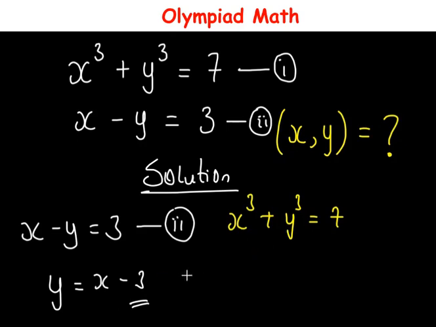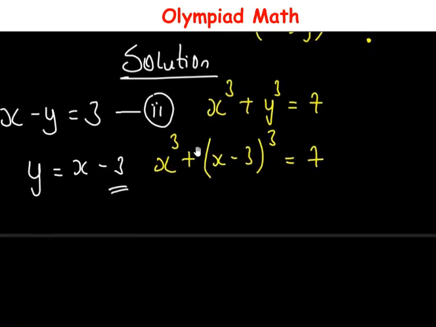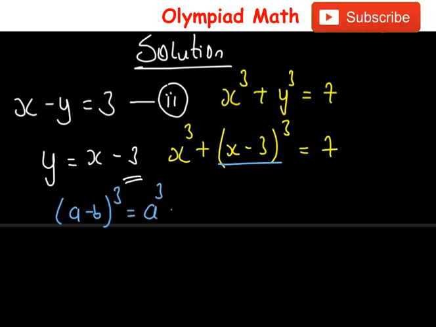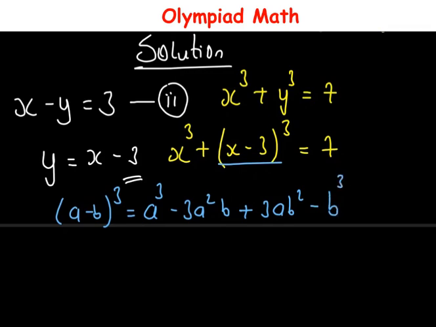This then becomes x raised to power 3 plus, in brackets, x minus 3 all raised to power 3, and this equals 7. Now, looking at x minus 3 all raised to power 3, this is in the form of (a minus b) all raised to power 3, and this equals a raised to power 3 minus 3a squared b plus 3ab squared minus b raised to power 3.